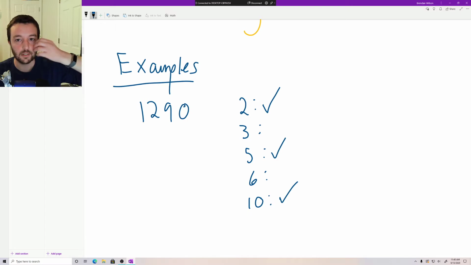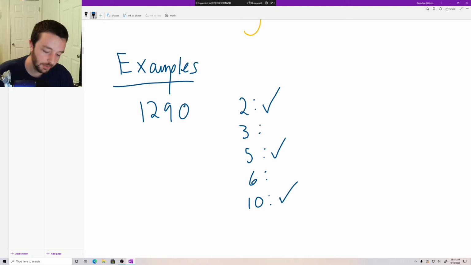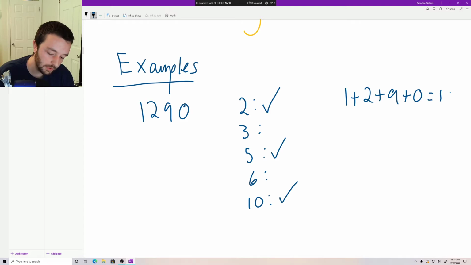Alternatively, we could have gone backwards. If we do the divisibility test for 10, we ask, is the last digit 0? And we would see, yes, it is. Because it's divisible by 10, it has to be divisible by 5 and 2, because that's how we make 10. All right, so now 3. For 3 we have to do a little work. We have to add the digits together. When we do this, we get 12.